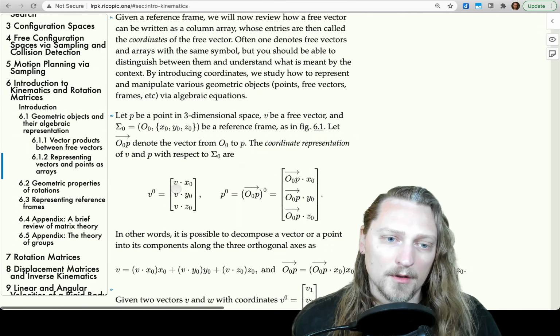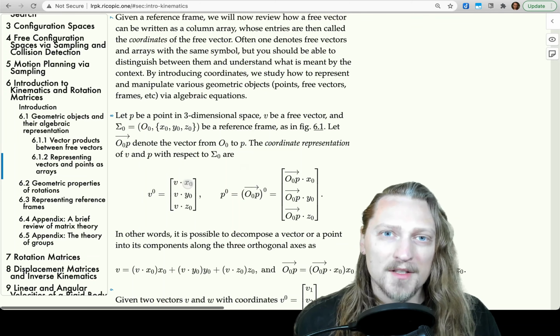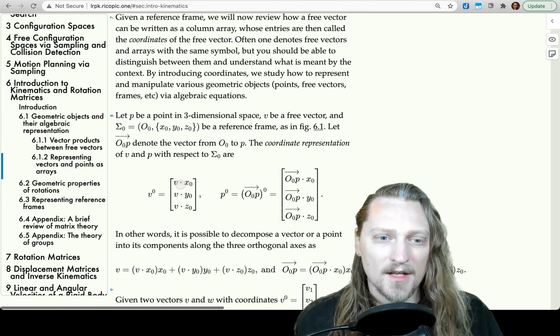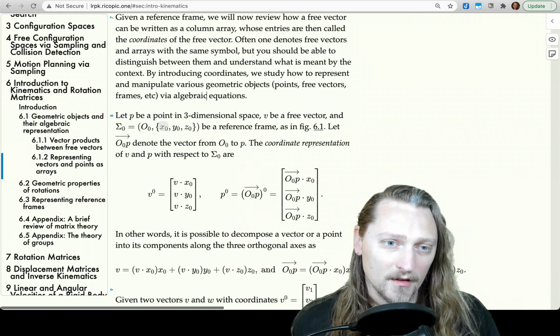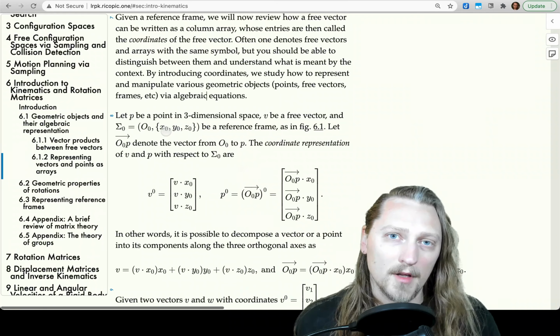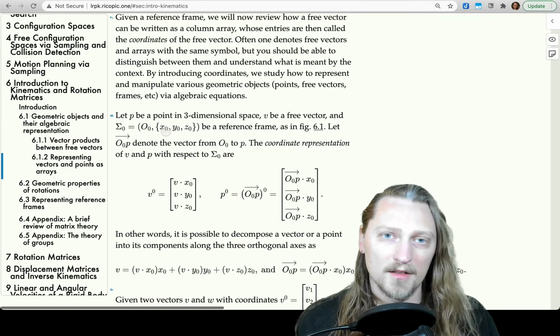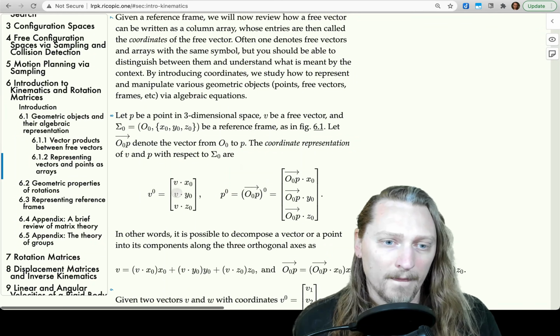And it is equal to the first element of the array, which is v dot x naught. X naught is the unit vector that makes up part of the frame. Okay, it's one of the unit vectors that define the reference frame.